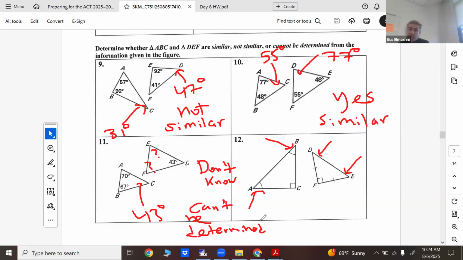We just can't tell because we don't have enough information for that second triangle. Does that make sense? I know there's 137 left for both these angles, but I don't know how to break it apart. There's not enough information.